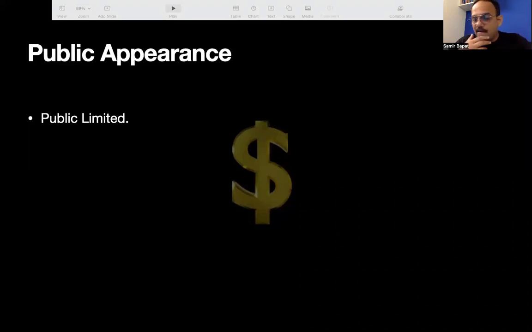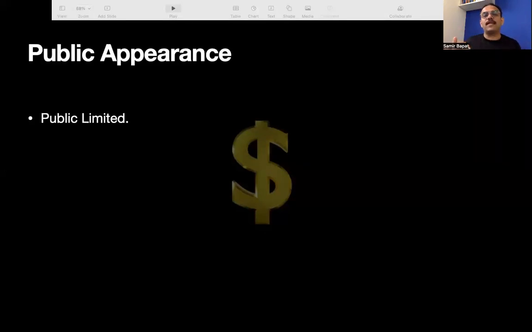Now, when they have to grow, there is a limit up to which banks will give them loan, or the amount of money they can take from VCs. So there will be some limit up to which they can do all these things.